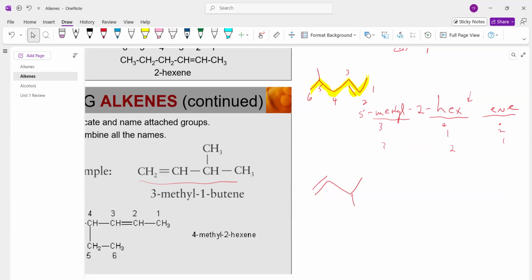Okay, so let's identify the carbon backbone. It's 4 carbons long. The functional group is going to be a double bond. Since the double bond is on the left side, that's going to be the lowest numbering. So we're going to go 1, 2, 3, 4.